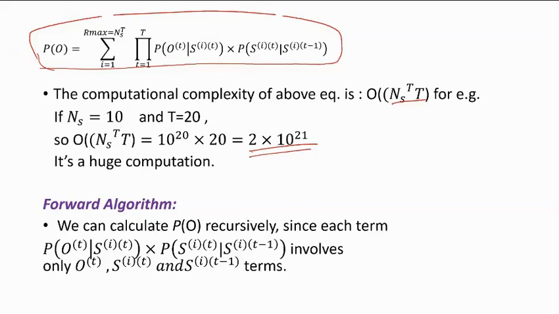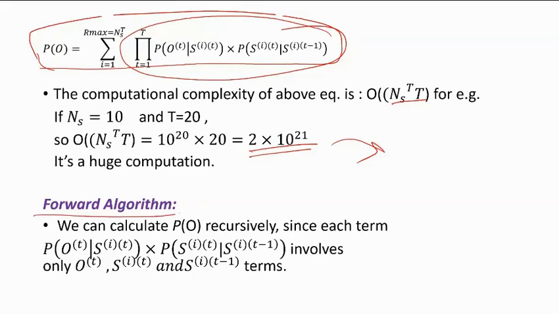Now, to reduce the complexity, we have to deal with this equation differently, because to calculate this, there are many repetitions, or the products are repeated quite frequently. We can avoid those. The algorithm that is used to do this is called the forward algorithm.